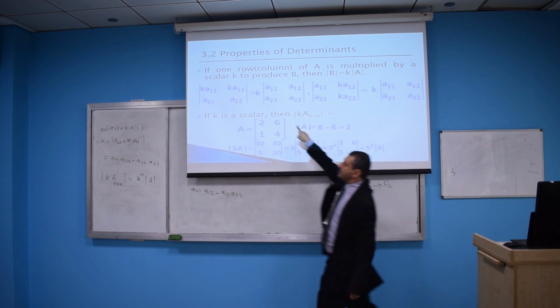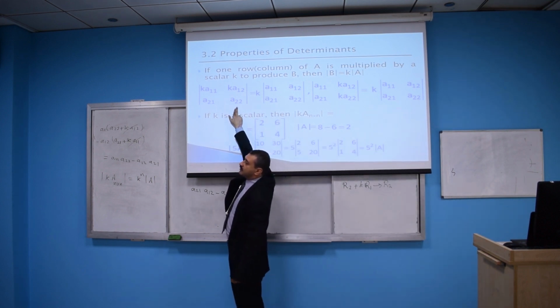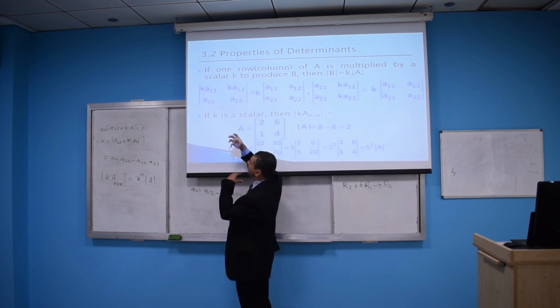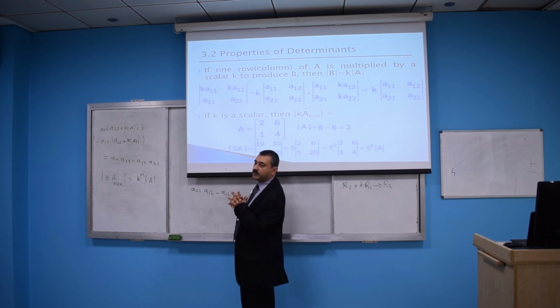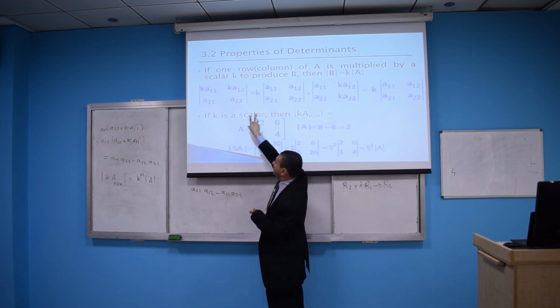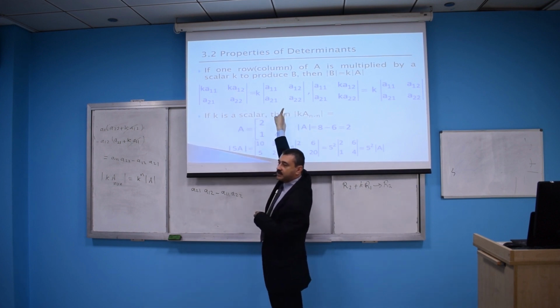That is the expansion. If you expand this, you will get k times the determinant of this one, as if you take k common from the entries of your row. If you have here k, another k, you'll take k again from the second one, so if you expand, you'll get k squared instead of k.